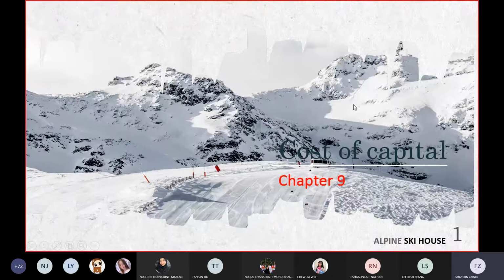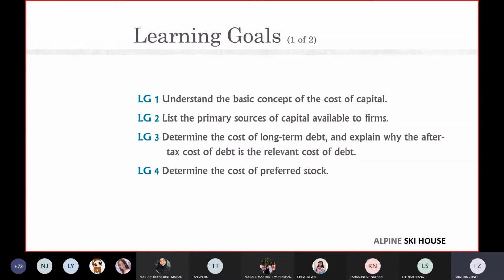Let's look at the cost of capital, which is chapter 9. What does that mean? Let's go through the learning goals first. Number 1, understand the basic concept of the cost of capital. Number 2, list the primary sources of capital available to firms. Number 3, determine the cost of long-term debt and explain why the after-tax cost of debt is the relevant cost of debt.